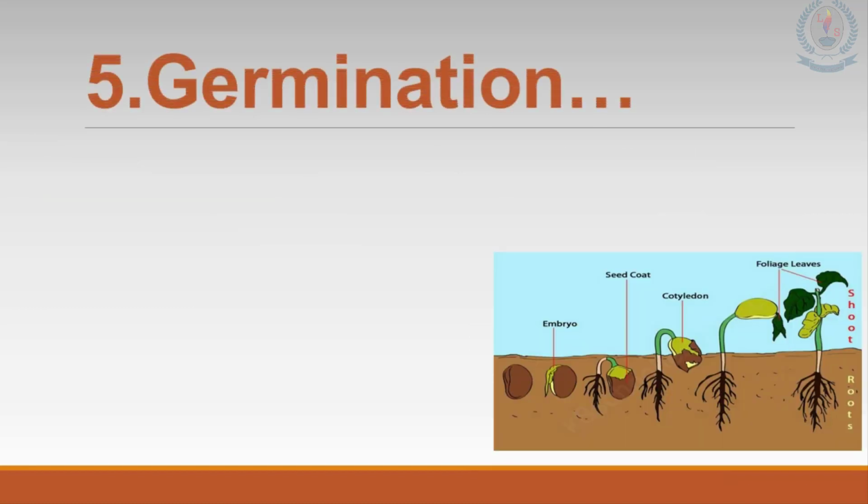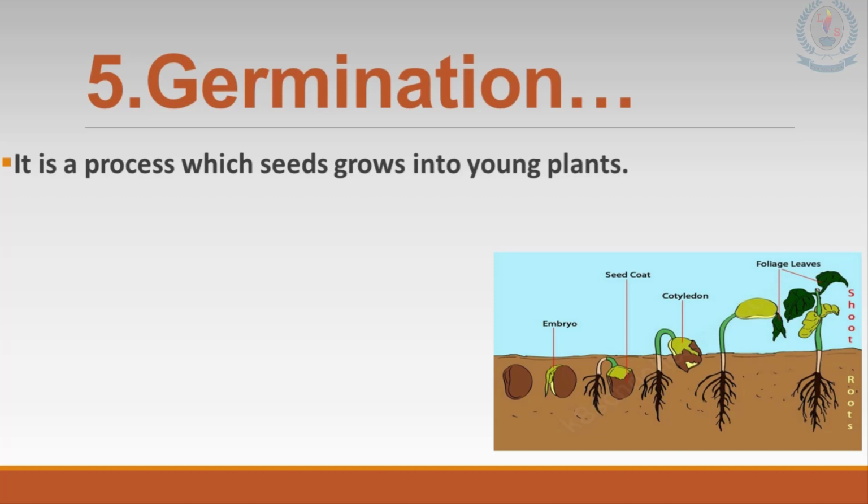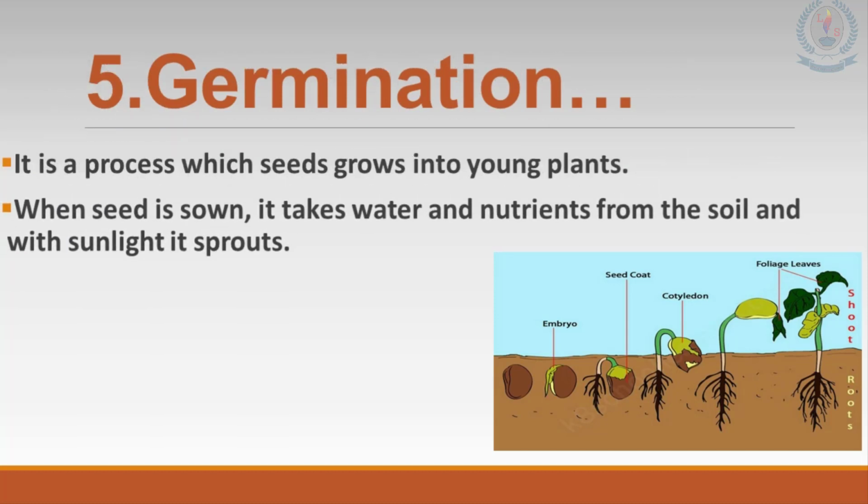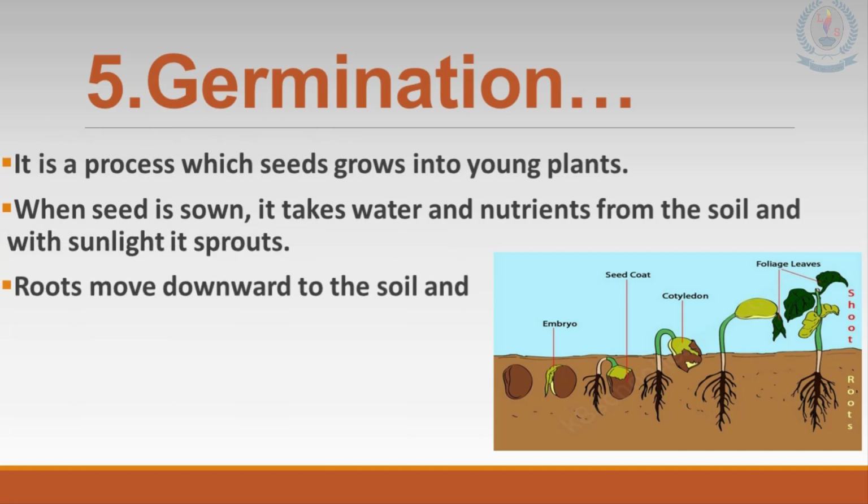The fifth one is germination. Germination is a process by which a seed grows into a young plant. When a seed is sown, it takes water and nutrients from the soil, and with sufficient sunlight, it starts to sprout. The newly formed root moves downward into the soil, and the shoot grows upward.